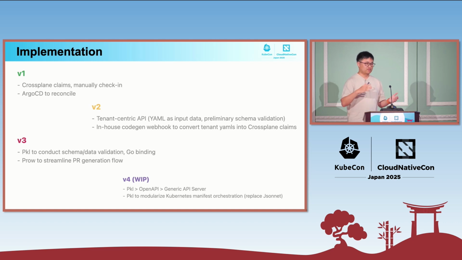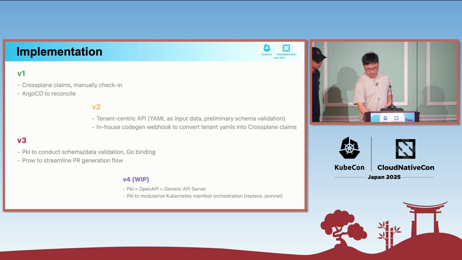And also, because we love Pkl so much, we are in the process of modularizing more Kubernetes manifests in our system to replace some legacy JSONs we have in our shop. Next, I will hand over to Wei for a live demo to show you more details.